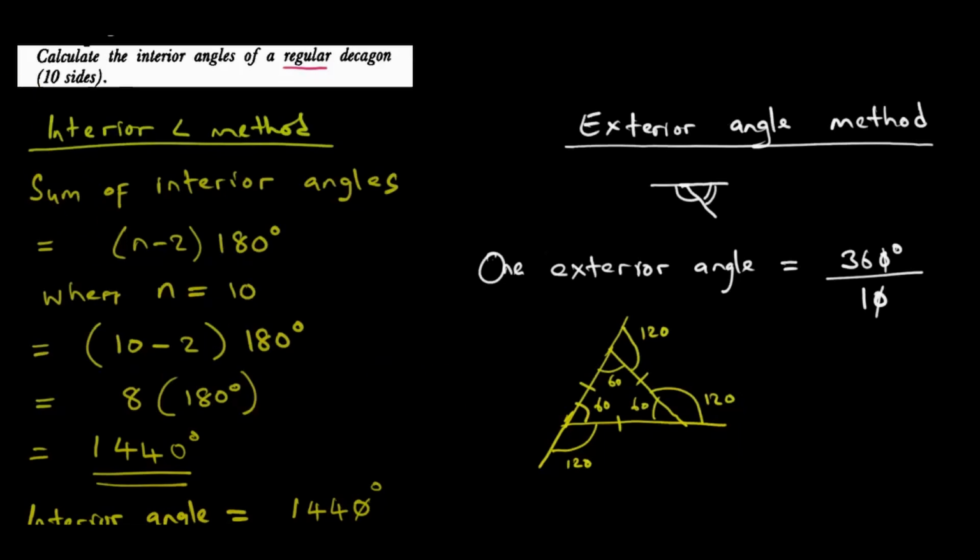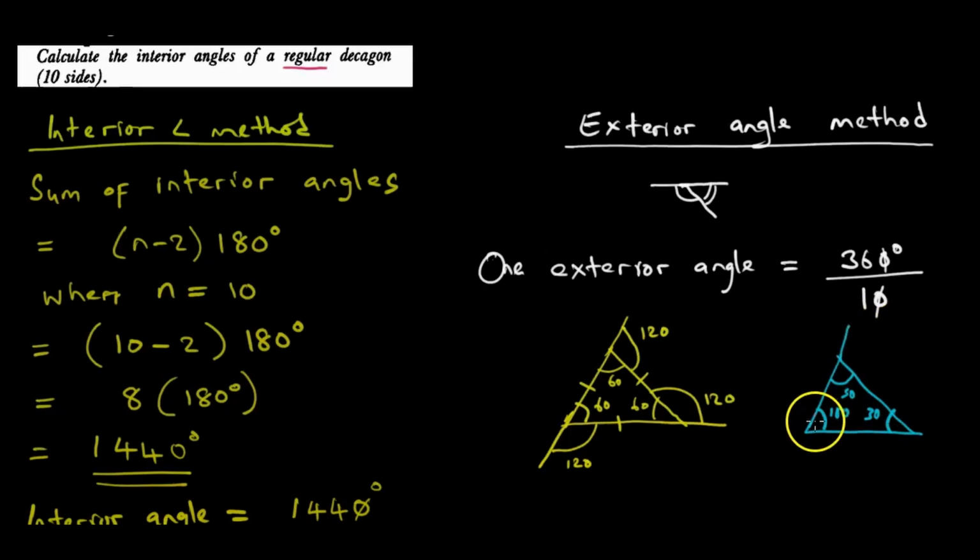But let us do the opposite side of things. Let us say we have a scalene triangle. And how does our scalene triangle look? Here we have 100 degrees, then here we have 50 degrees, and here we have 30, like that.